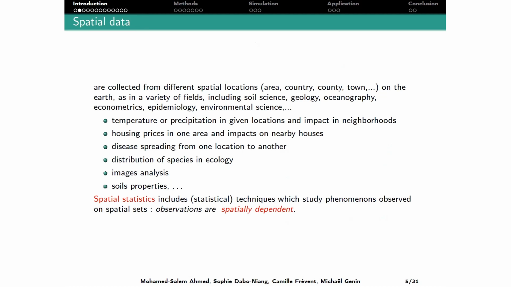Okay. So just to summarize a little bit, spatial data or spatial statistics is this part of statistics where data are collected in space.